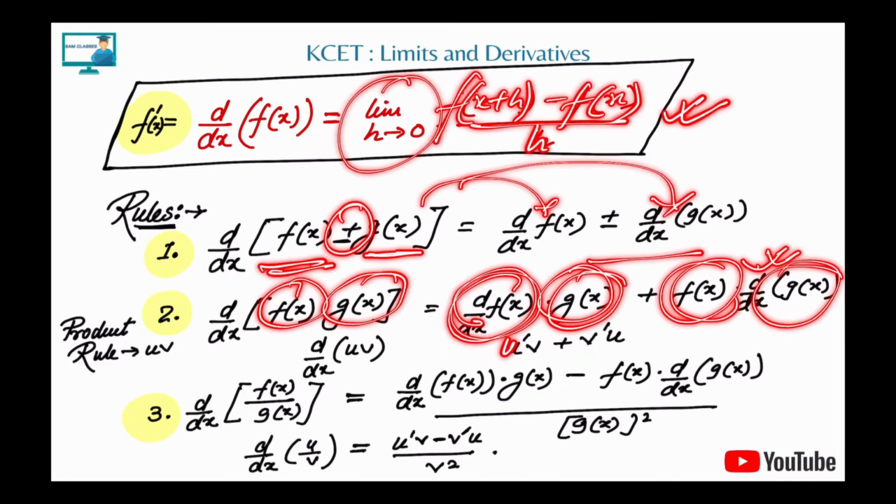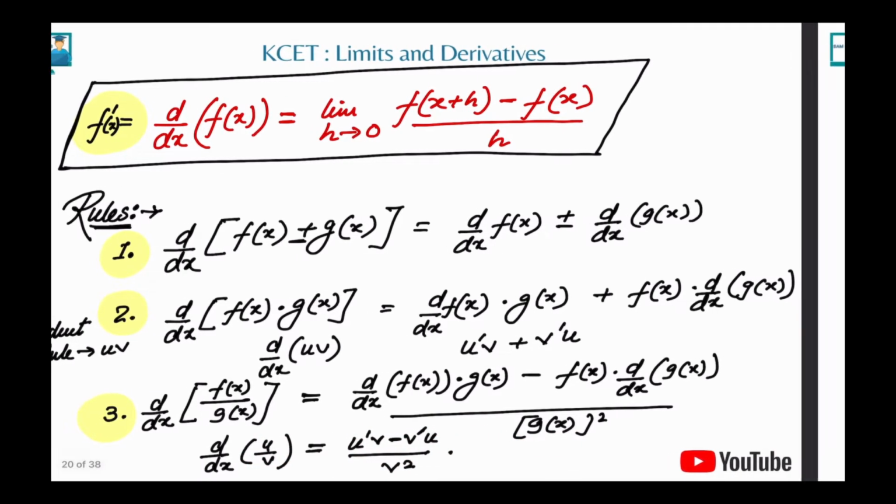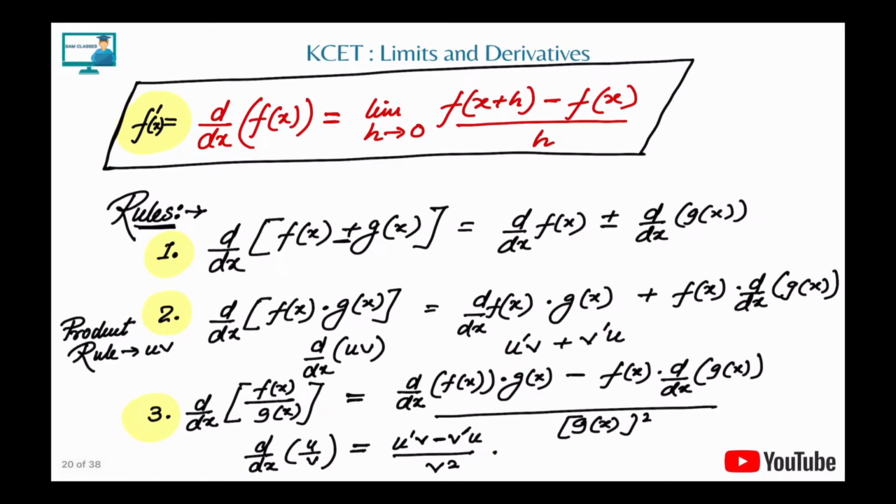So u dash v plus v dash u, everybody knows that. And what is the derivative of u by v? Differentiate the first function, leave the second; minus, differentiate the second, leave the first, all divided by the second square, or denominator square. Correct. Done, that's it. So this is the full concept plus formulas of limits and derivatives.